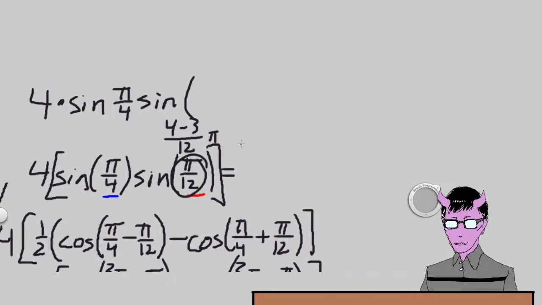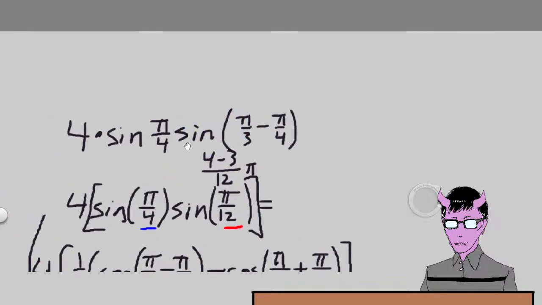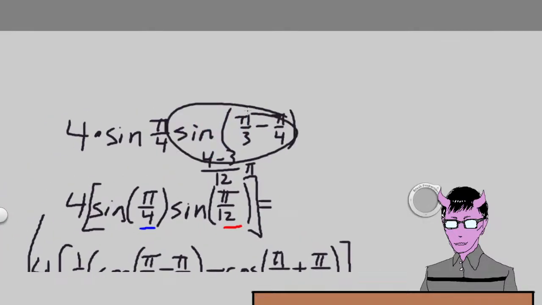So again, splitting the 12 over pi into 4 pi over 12, and then minus 3 pi over 12. So there it is.